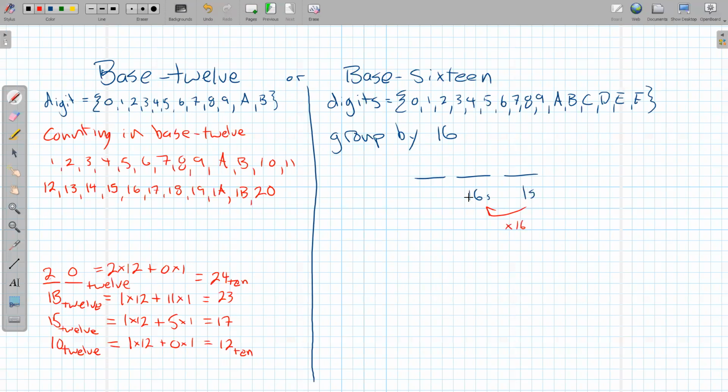So right, 16 ones is 16. The next place would have to be 16 16s, which is how many? Two 56s, yeah. So the next place in base 16 is the 256s. And I probably should have written that in blue to be consistent. So that's the next place.